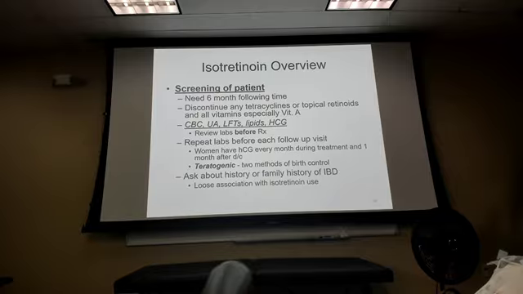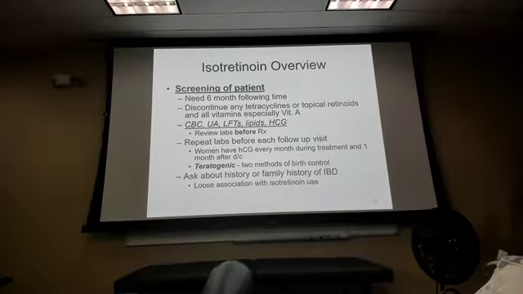Once they're over at Derm, they will start off with a quicker follow-up, but once they're on it and it's just watching it out, that is every 6 months.